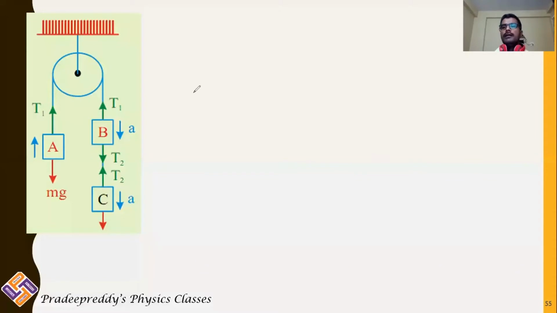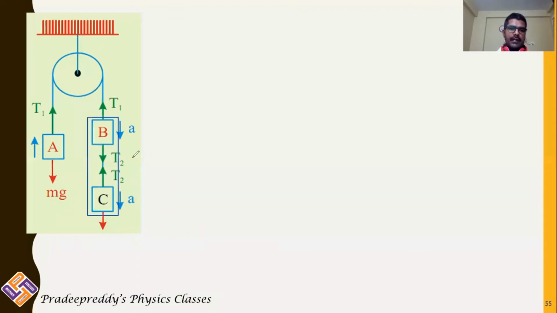See, in this problem it is similar to an Atwood machine, and there is tension T1 in between masses A and B, and with B there is another mass C attached. B and C are attached here. Therefore what we imagine is these two masses are summed up.